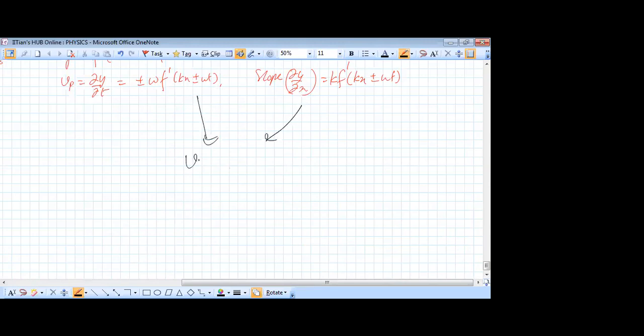So we can relate the particle velocity with the slope at a point. So particle velocity at a point, which is del y by del t, becomes, depending on whether the sign is plus or minus, omega by k times del y by del x, which is nothing but the slope. So the particle velocity and the slope of the instantaneous snapshot have this relationship.